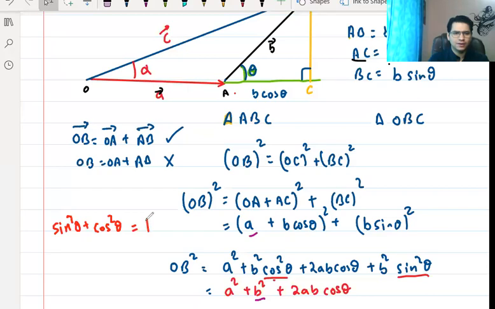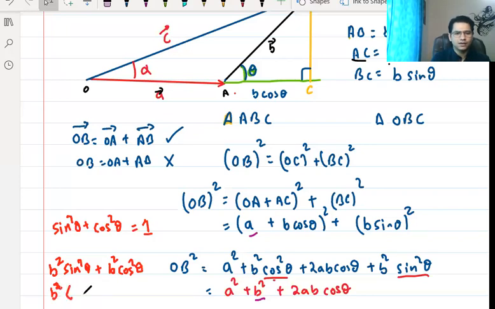Very good, Terence. This is an identity. So if I have b square sin square theta plus b square cos square theta, can I take b square common here?